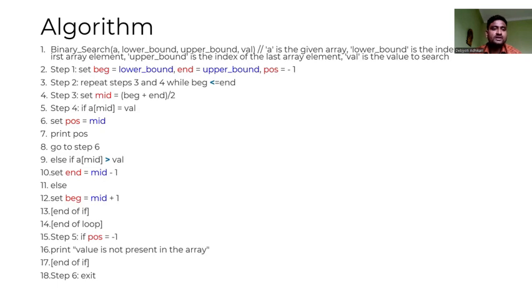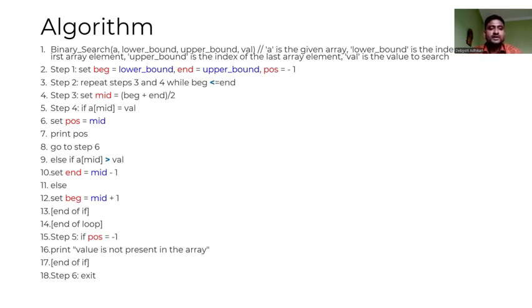Step one, set beg to lower bound. Beg means the beginning. We are setting beg to the lower bound of this array, and end we are setting to the upper bound, and pos equal to -1, totally the same as in linear search. We are initializing pos with -1.